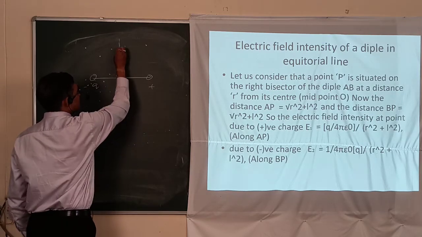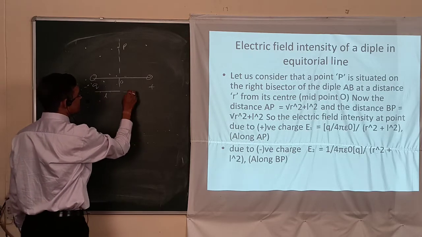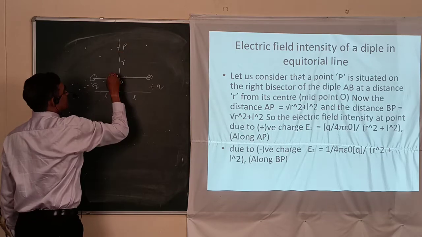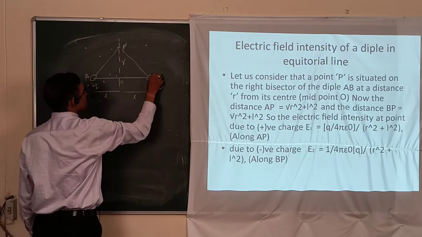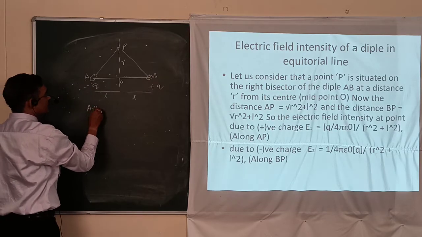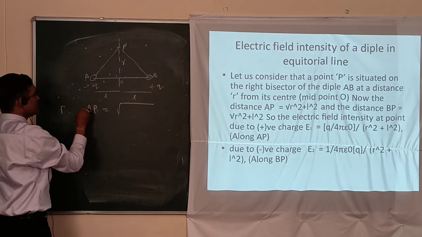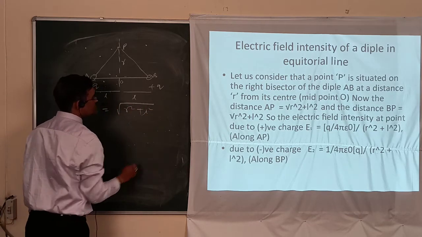This is the center, and suppose this is a point P at which we have to calculate the electric field. This is the length L, this is the length L, and this is distance r. Here we can say that this is A and this is B. In both cases AP and BP are equal, and that will be under root of r square plus L square.